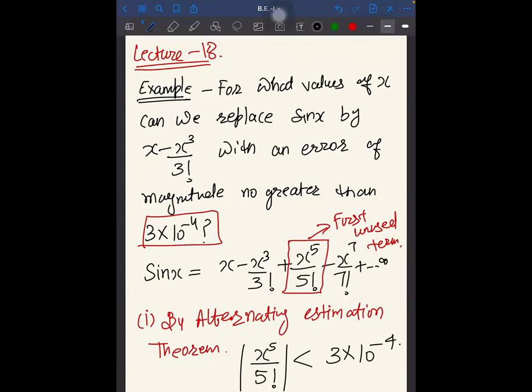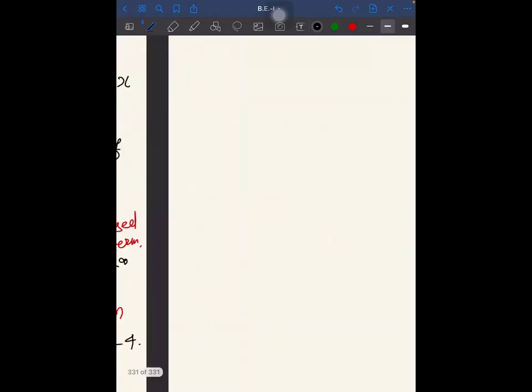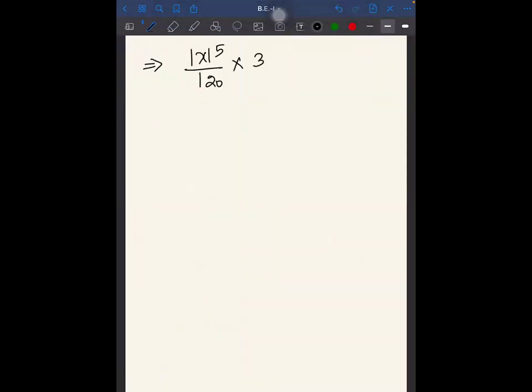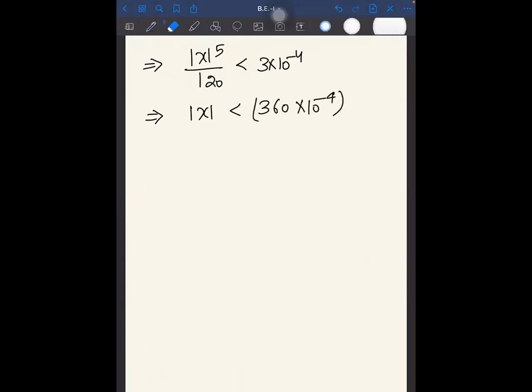less than this. So from here, we can write x raised to power 5 upon 120 into 3 is less than 3 into 10 raised to power minus 4. So mod of x raised to power 5 is less than 360 into 10 raised to power minus 4. And if I take the power 1 by 5, it becomes this.